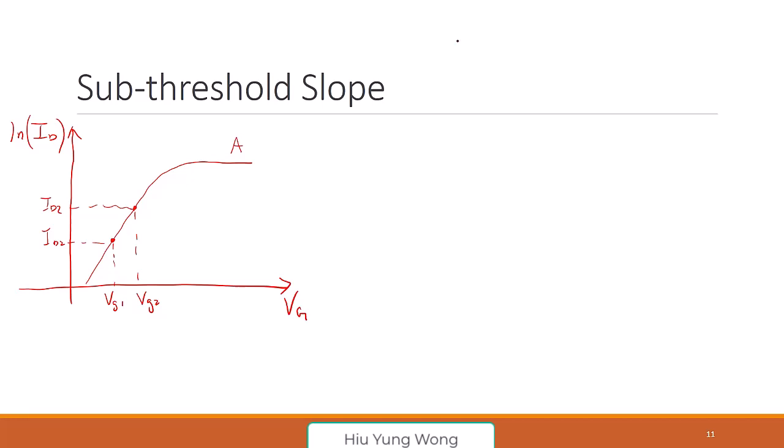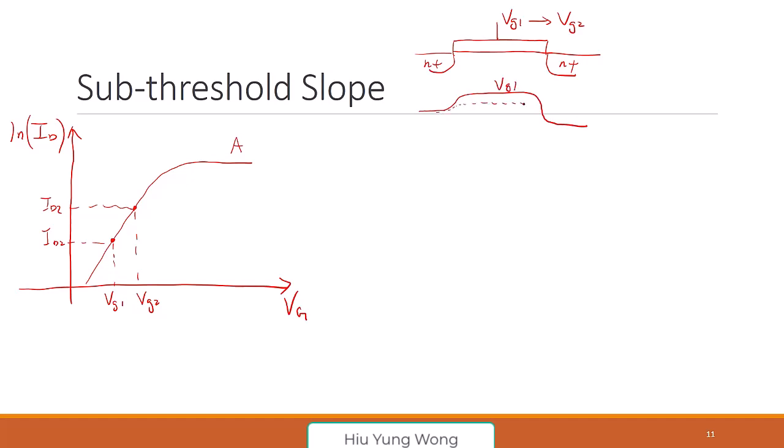Now, but again, we say that it's not that simple. You're right. We try to change the gate from VG1 to VG2. But the current actually is controlled by the surface potential, right? Like this one. This is VG1.